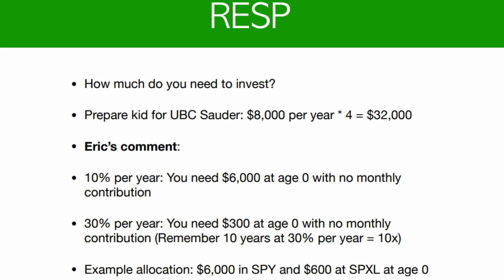You're done. Okay? Now, if you are able to get 30% return a year, then it is an even more outrageous number. You just need to put $300 in at age 0, leave it alone, no monthly payments, and in 18 years, your kid will have enough money to cover all of his tuition expenses. Now, you might be wondering, how is it possible? It is because SPXL is a 3 times leveraged index fund.